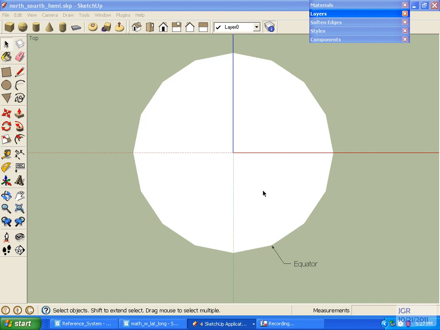Whenever we want to measure something on the surface of the Earth, we always put the center of the Earth as the first point where we draw the angles from. For example, let's say this was point A here, and let's say we wanted to know point B, which is here.